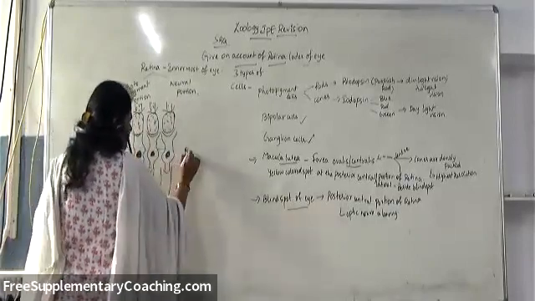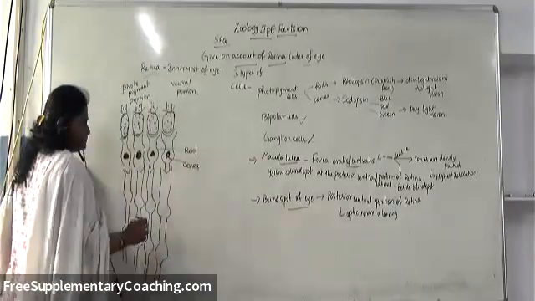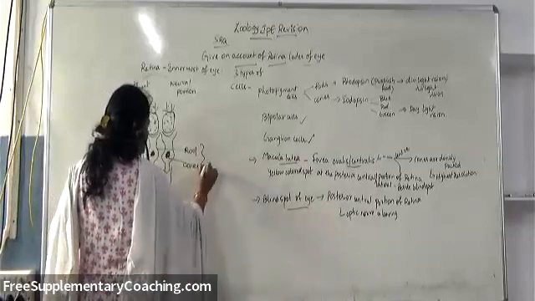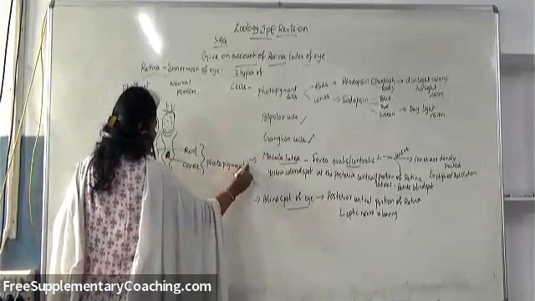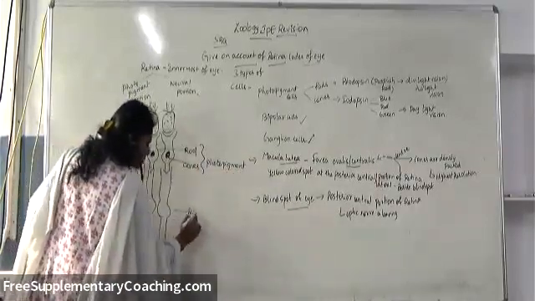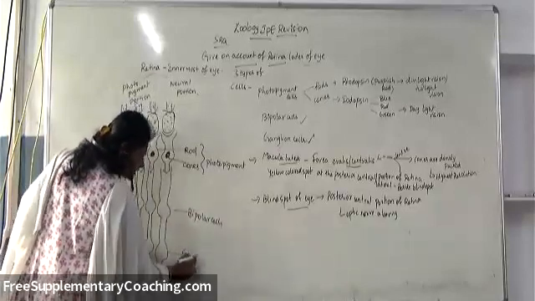So this is the rods and the cones. The photoreceptor layer of the eye consists of photopigments. Then these are bipolar cells and ganglion cells.